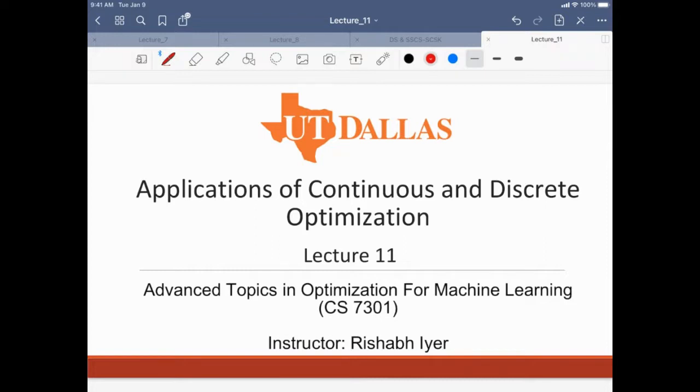And then we looked at discrete optimization, particularly submodular optimization, and we saw different flavors of submodular optimization. We saw submodular minimization, we saw submodular maximization, for different kinds of submodular functions, like monotone submodular functions, non-monotone functions, sometimes even non-submodular functions.